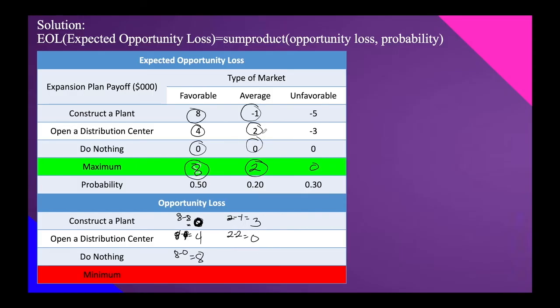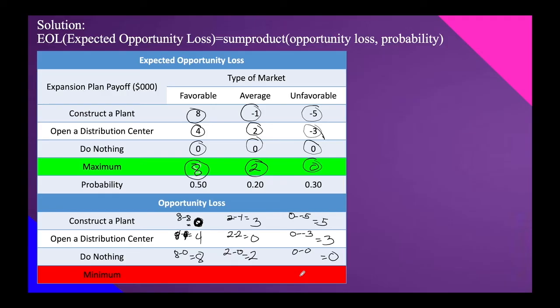And of course, 2 minus 0. This is 2. Lastly, for unfavorable market, let's have here 0 minus negative 5. So 0 minus negative 5 is positive 5. 0 minus negative 3, positive 3. 0 minus 0 equals 0.